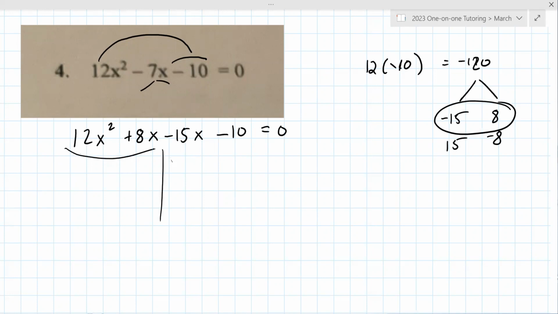Got 3x plus 2. Okay. What did you factor out?